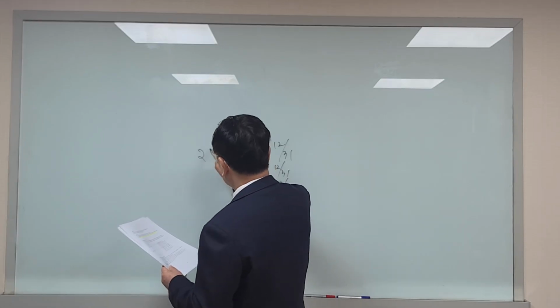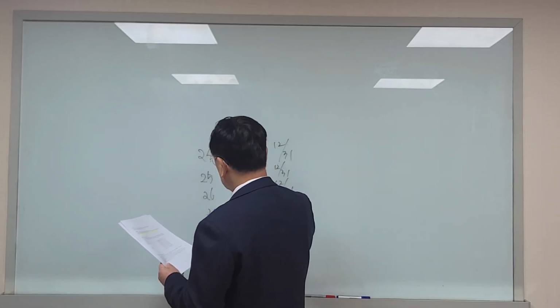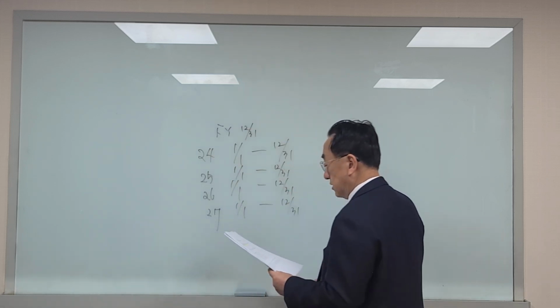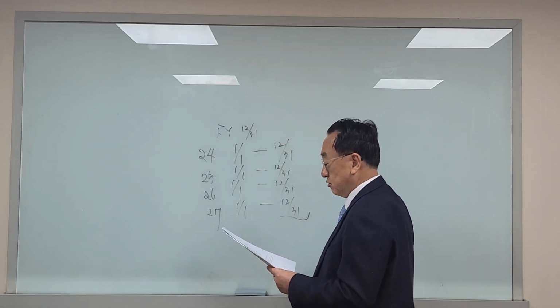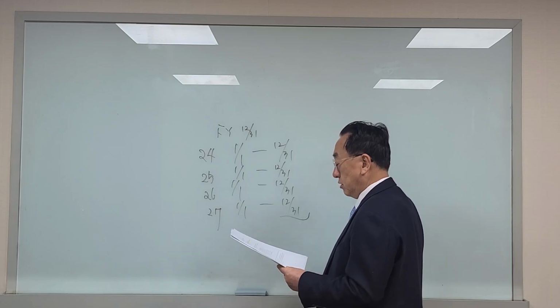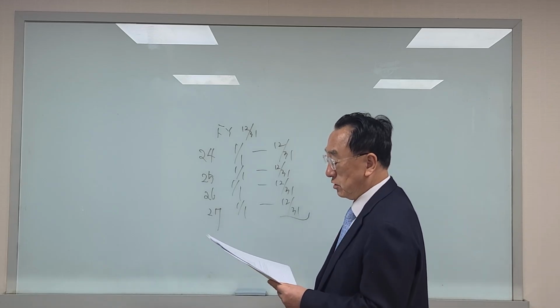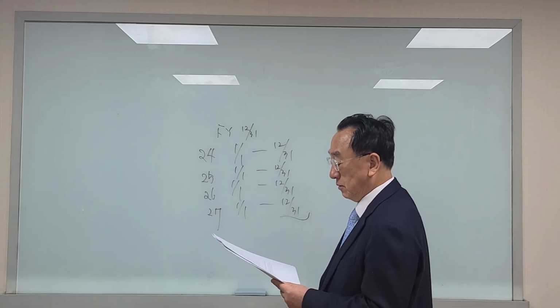So fiscal years 24, 25, 26, 27 will be applied. In this case, the constituent entity shall elect for the exemption of the payment.